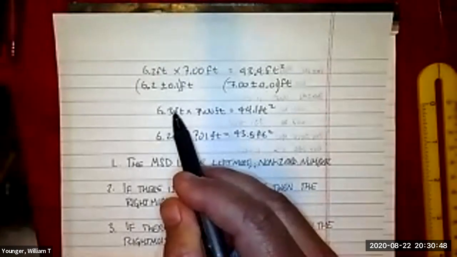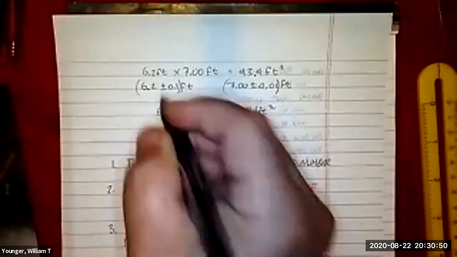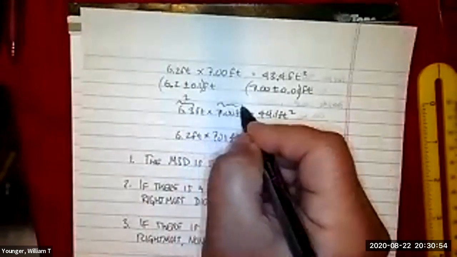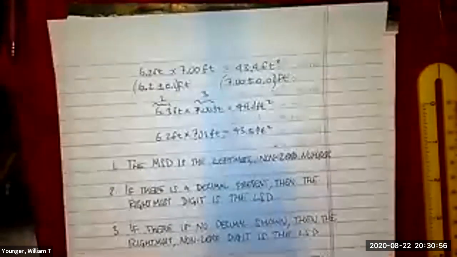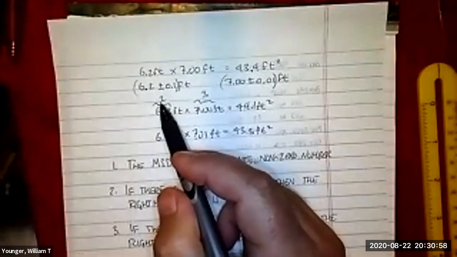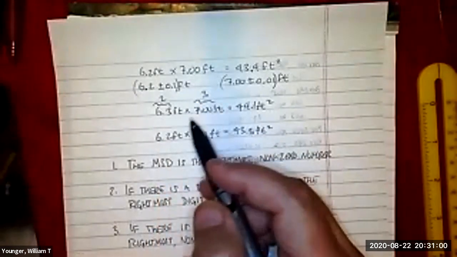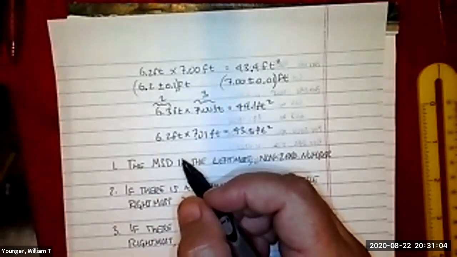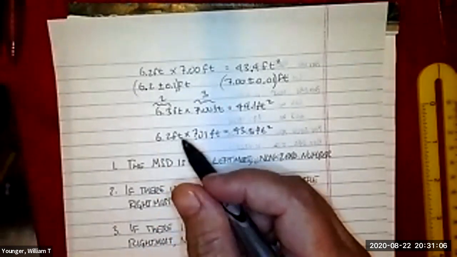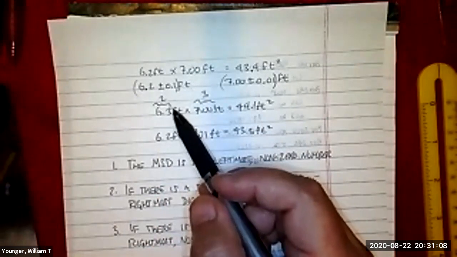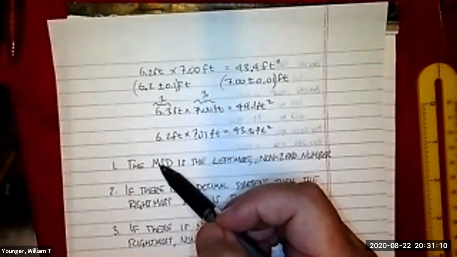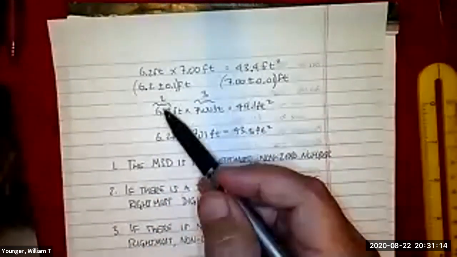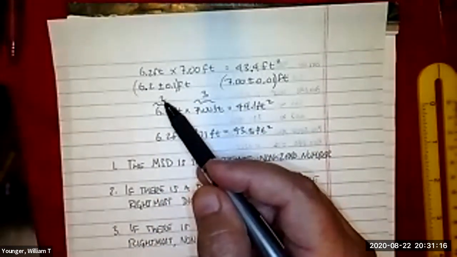Now back to this number, what we see is this has 2 sig figs, and this has 3 sig figs. So according to the significant digit rule, whenever you multiply or divide two numbers, you have to round your answer to the number of sig figs that the number with the least had. The number with the least was 6.2, what we originally started as. So that had 2 sig figs.